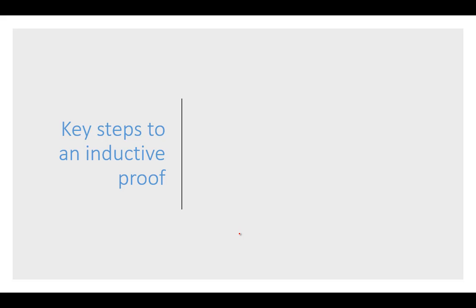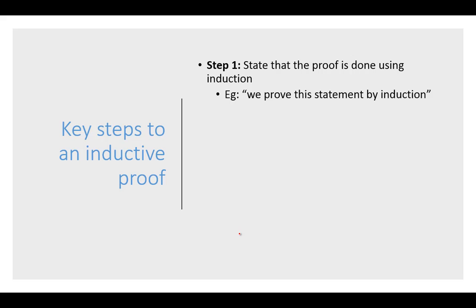So what are the key steps to an inductive proof? Step 1, we have to state that the proof is done using induction. In other words, we say something like, we prove this statement by induction. Next, you have to define a proposition, P(n).